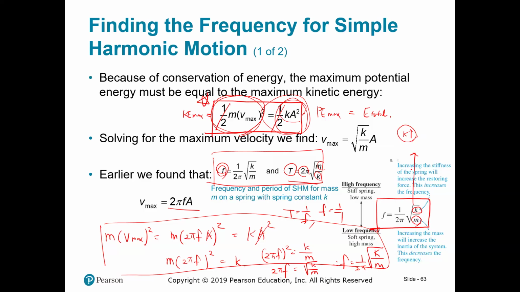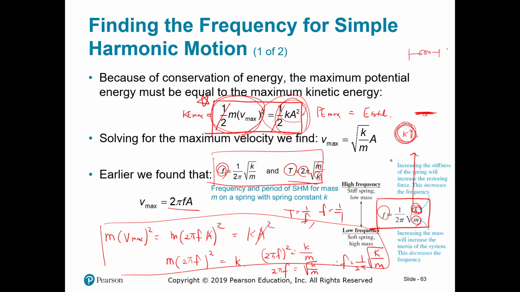So what happens to the oscillation? If you have a very strong spring, once you release it, the spring moves back and forth really quickly, right? That's why your frequency increases as a function of the spring constant.